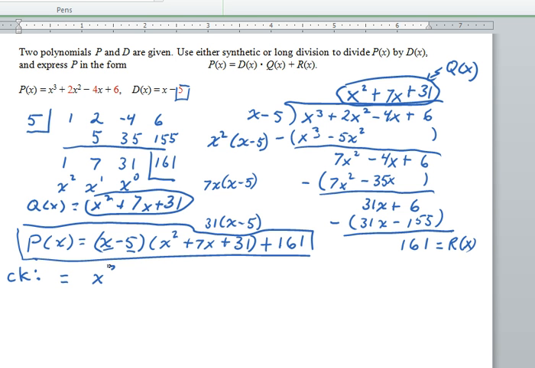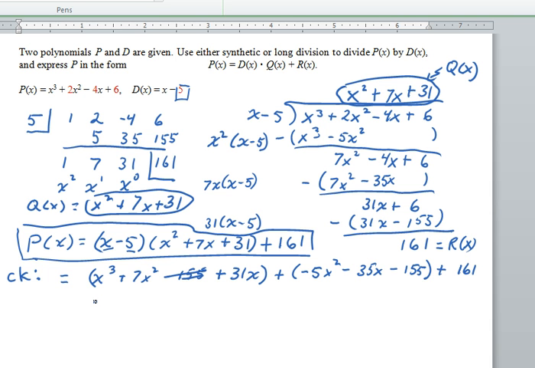It would be x cubed plus 7x squared plus 31x. That's what happened when I multiplied by the x. And then when I multiply by the negative 5, negative 5x squared, negative 35x, minus 155 plus 161.